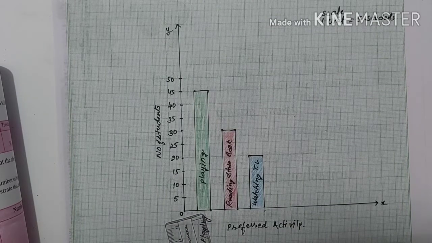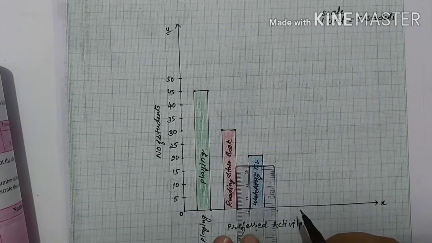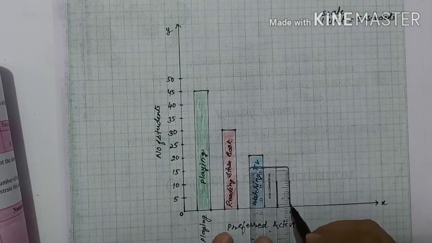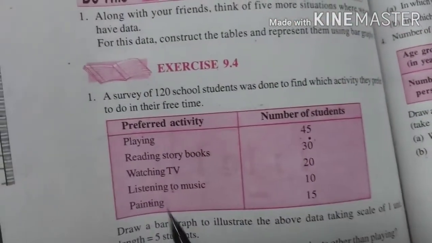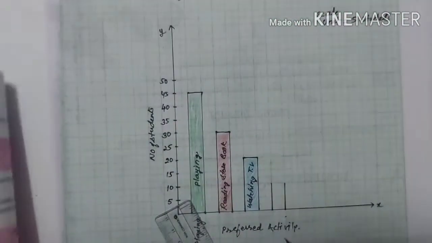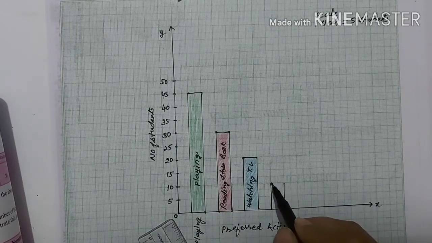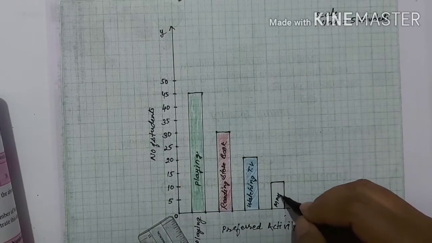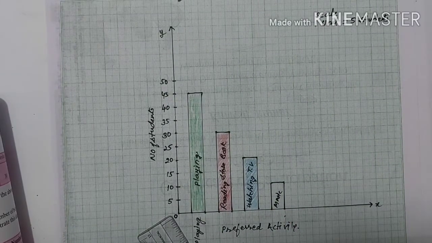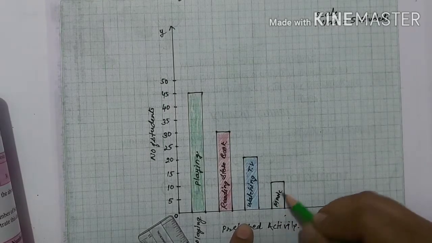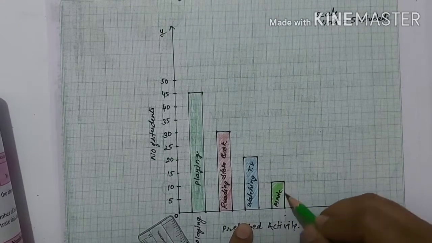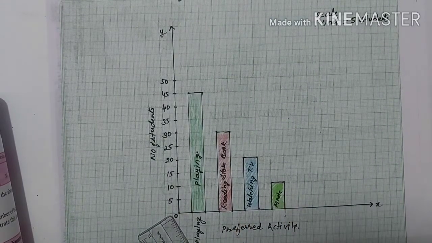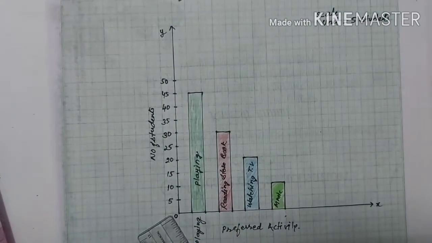Next is listening to music, the number of students is 10. Okay, in the given graph listening to music is 10 students. So you make the bar of 10 here and write music, and color. Okay, and last is painting, the number of students is 15.